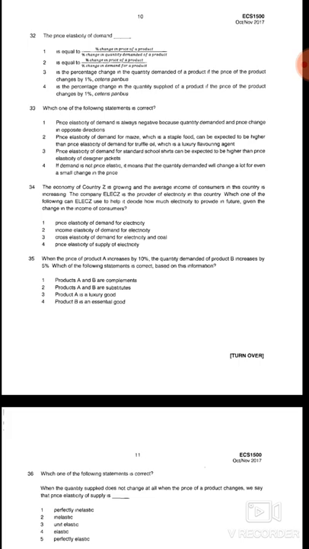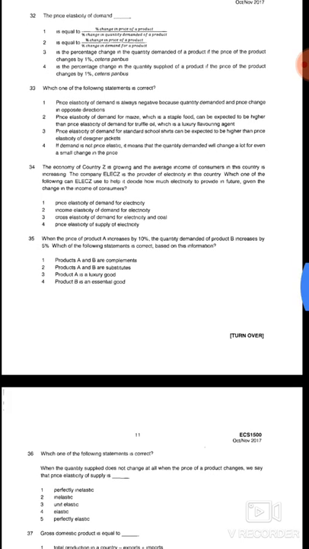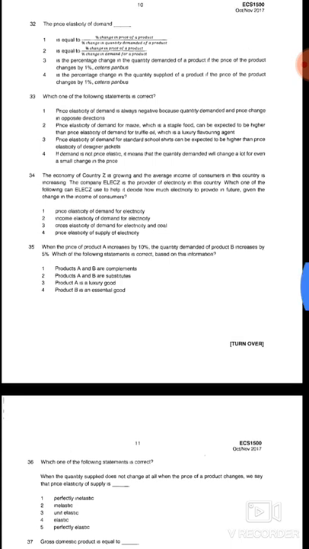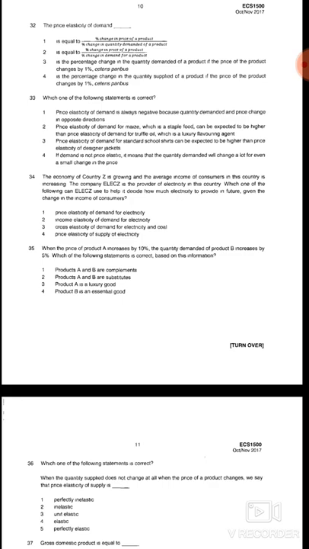This is also wrong. The price elasticity of demand for t-shirts is expected to be higher than the price elasticity of designer jackets. If the demand is price elastic, it means that the quantity demanded will change a lot even for a smaller change. This is false.